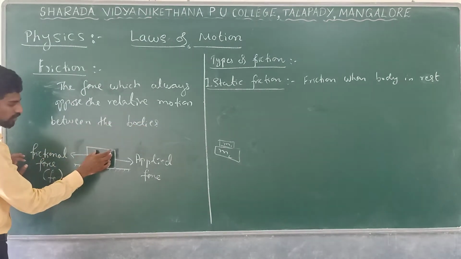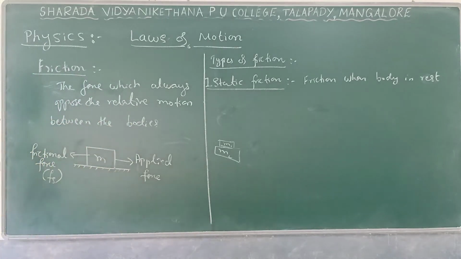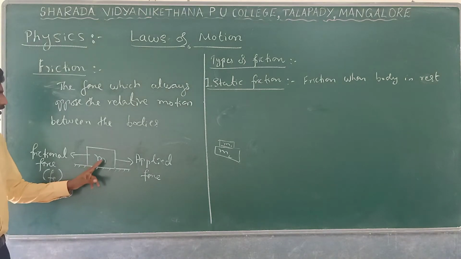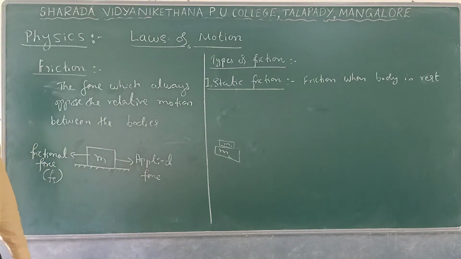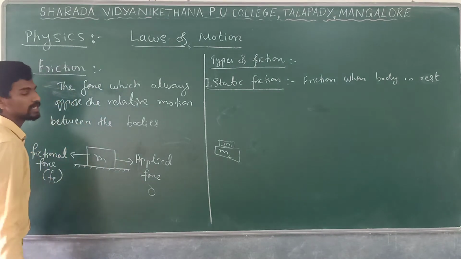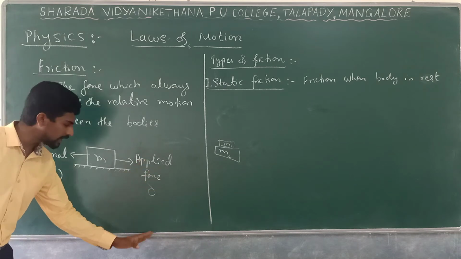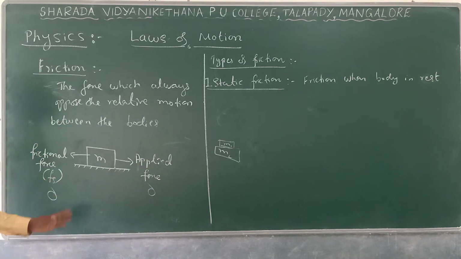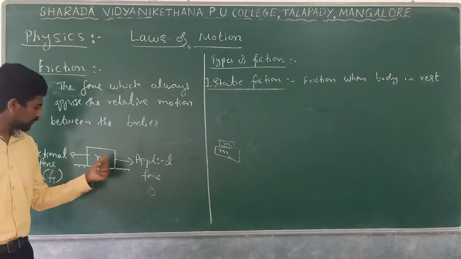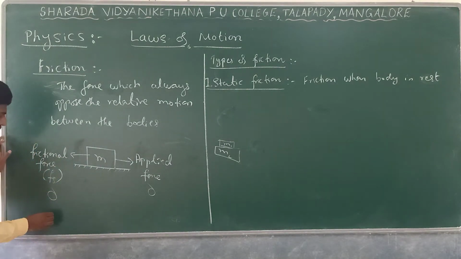This mass M is moving with respect to the Earth, so the frictional force comes into the picture. In this direction the applied force is there, and in the opposite direction the frictional force is there. For example, if the applied force is 0, the frictional force is also 0. If the applied force increases, the frictional force also increases, up to a certain maximum value.